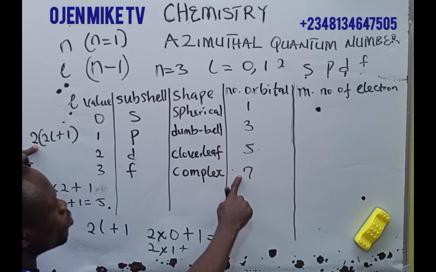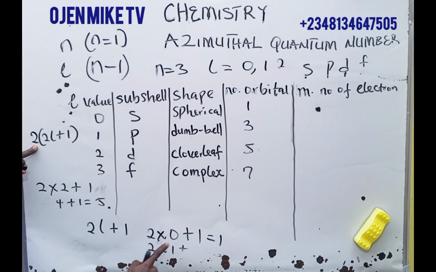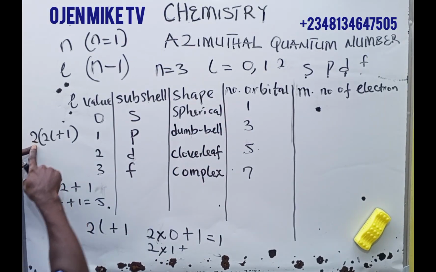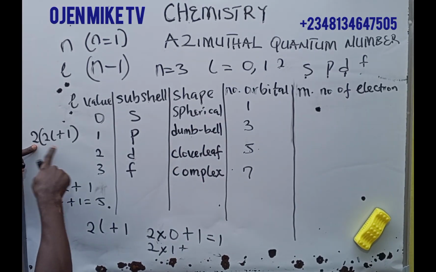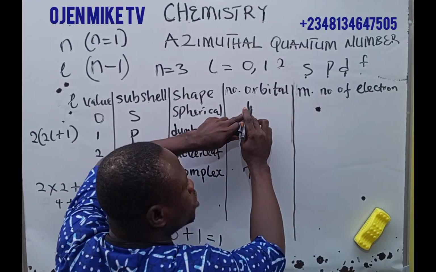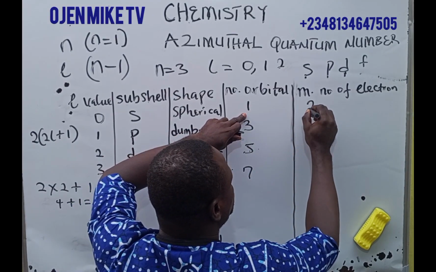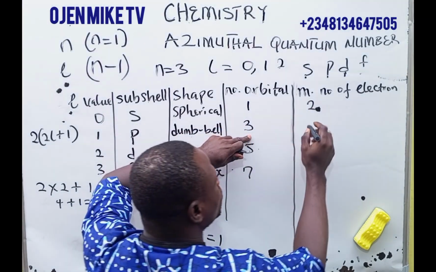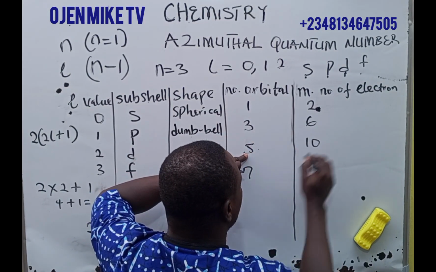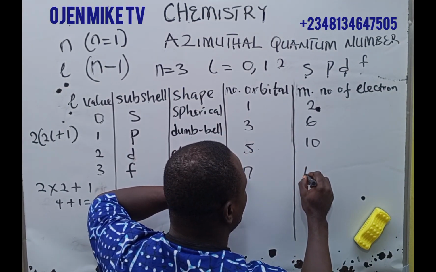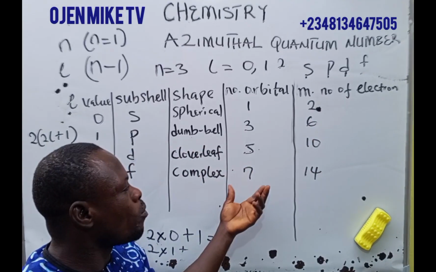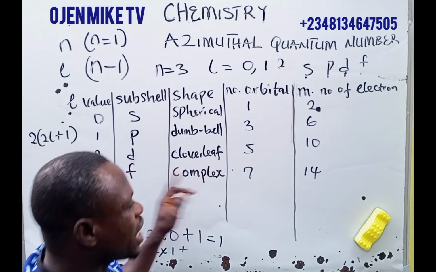This is the formula for calculating the number of orbitals, so you now multiply it by 2. Multiply this one by 2, it gives us 2. Multiply this one by 2, it gives us 6. Multiply this one by 2, it gives us 10. Multiply this one by 2, it gives us 14. So the number of electrons that can occupy the f subshell is 14.